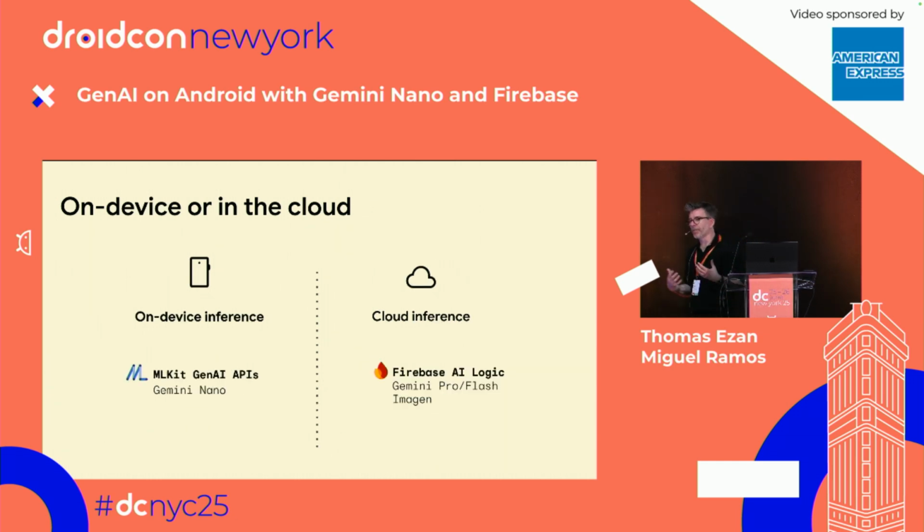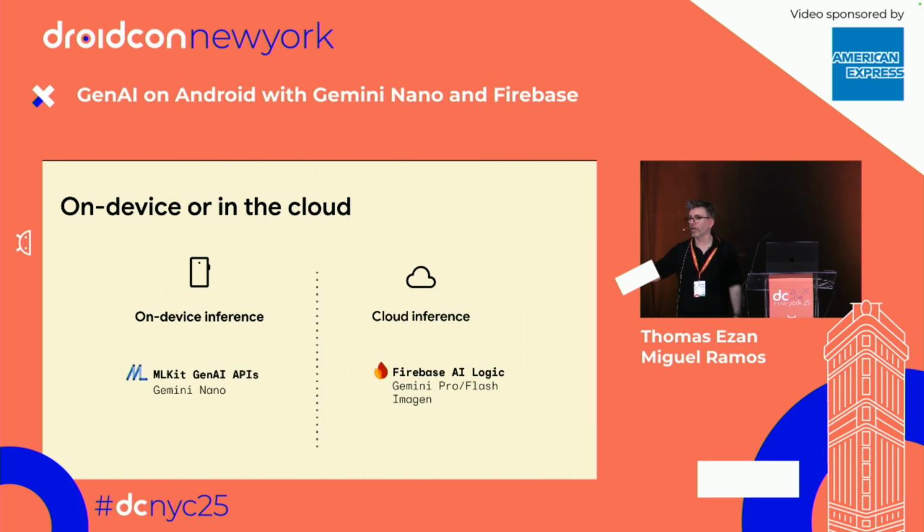I would like to simplify the story. At Google, we have so many products and too many options, and sometimes it's hard to make a decision. So this is the way that we think about how an Android developer should use on-device and cloud inference. For the cloud, our recommendation is to go first with Firebase AI Logic.